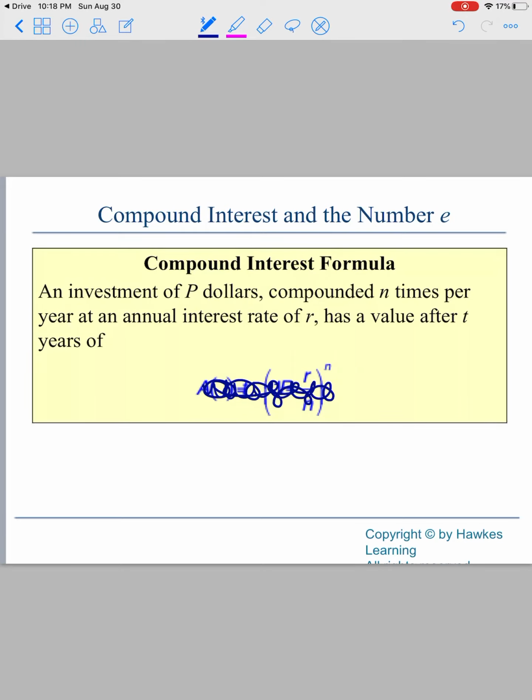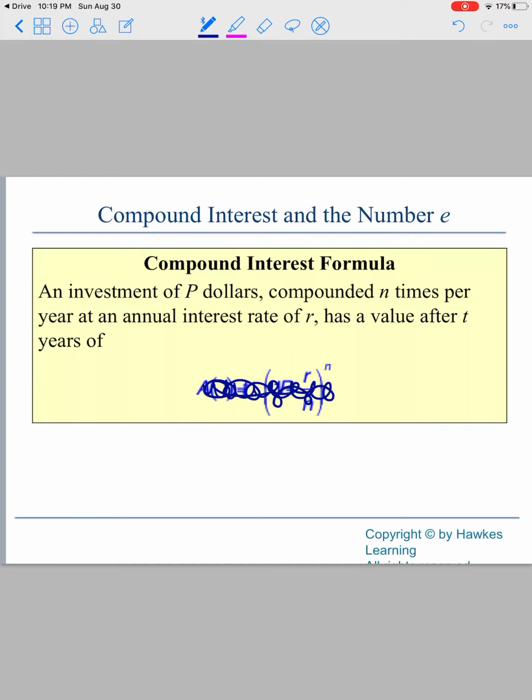Now, vice versa, if we take money from the bank through a loan, say you're going to buy a car and you need a car loan, the bank's going to give you up front how much money you need, but as you pay them back, you're paying them extra money. You're paying them that interest. And a lot of times it is compounded interest when you're talking about investments and things like that.